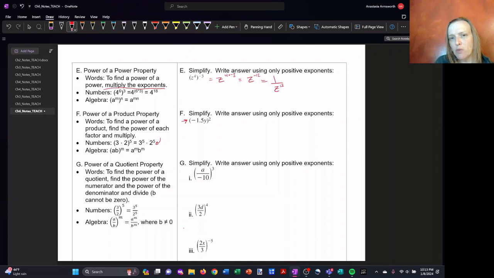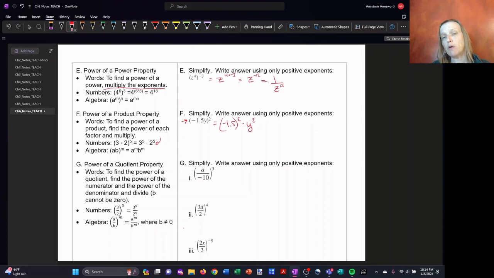So what we do here is we apply this exponent of 2 to the negative 1.5, and we apply it to the y squared, still multiplying the numbers together. So this is going to equal negative 1.5 squared times y squared. So we're taking that exponent of 2 and applying it to both the negative 1.5 and the y.